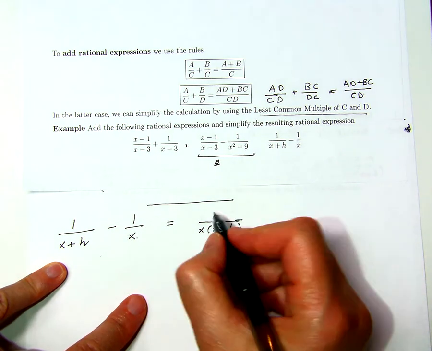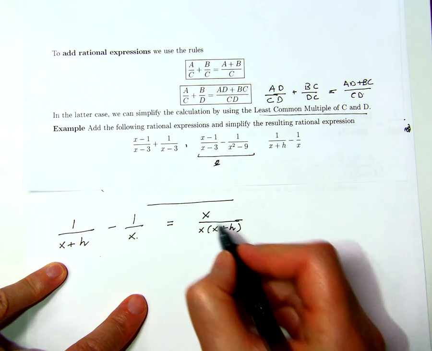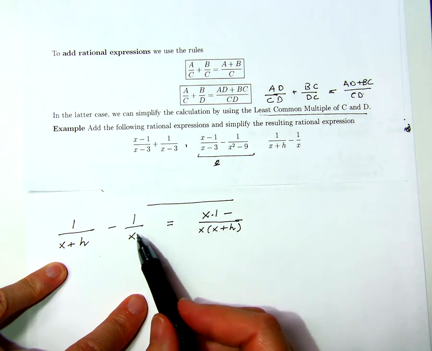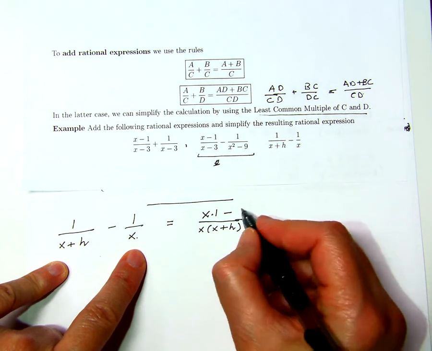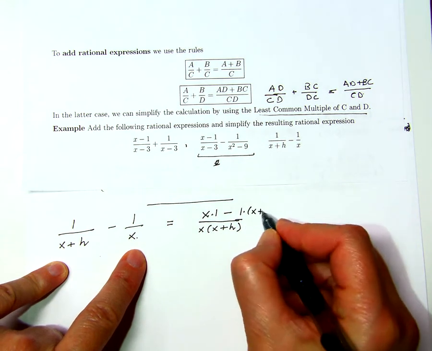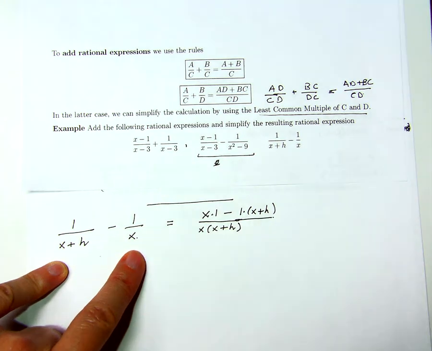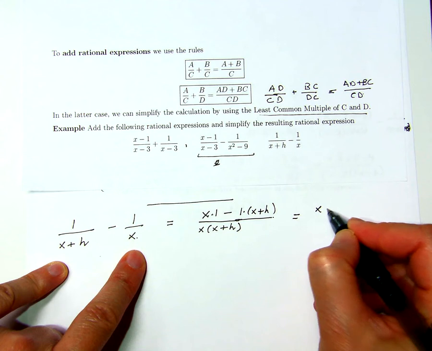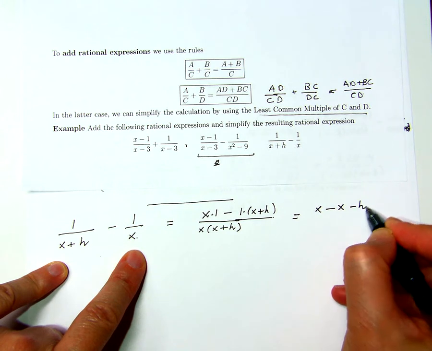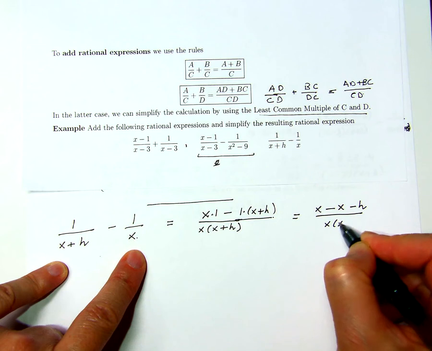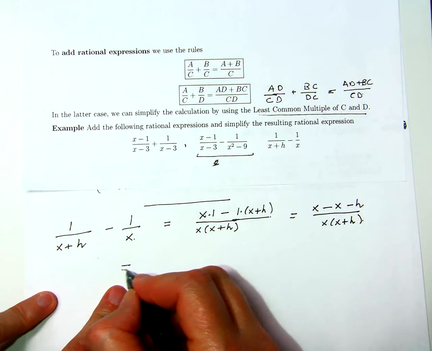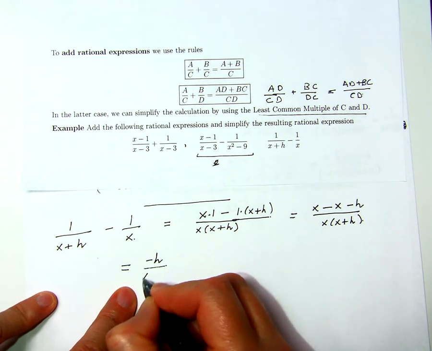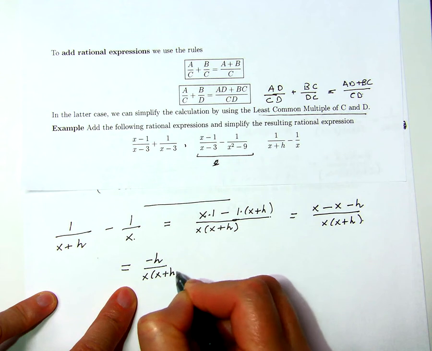So I multiply that x by the numerator there, that's x times 1 minus x into this quantity, or this quantity divided by x is x plus h, and it's minus 1 times x plus h. And that's equal to x minus x minus h over x times x plus h. And those x's cancel, and that's equal to minus h over x times x plus h.